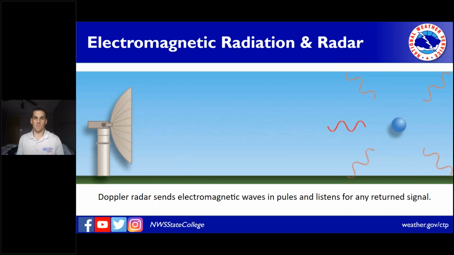The reflectivity we see come back toward the radar is a measure of both the number of droplets it's hitting and the size of the droplets it's hitting. Both factor heavily, but really it's the size that ends up being the factor in increasing the reflectivity. The size or diameter of the drops the radar beam is hitting has a heavier influence on the reflectivity that comes back to the radar.